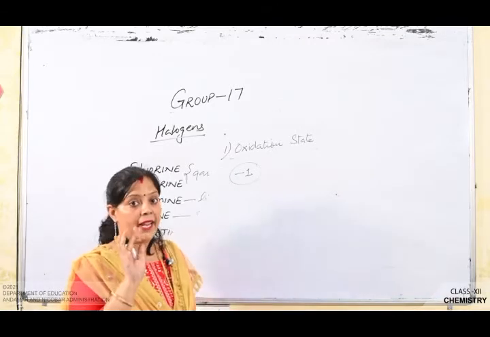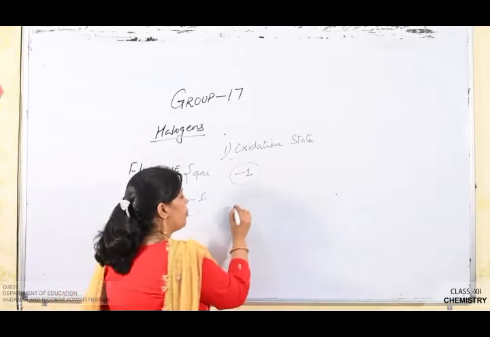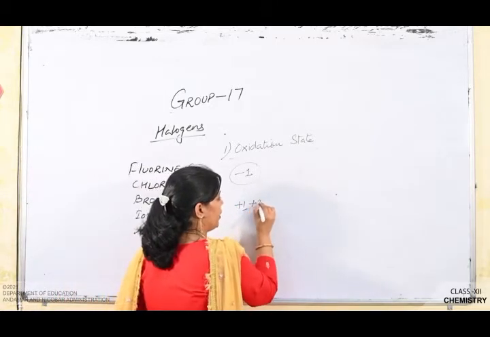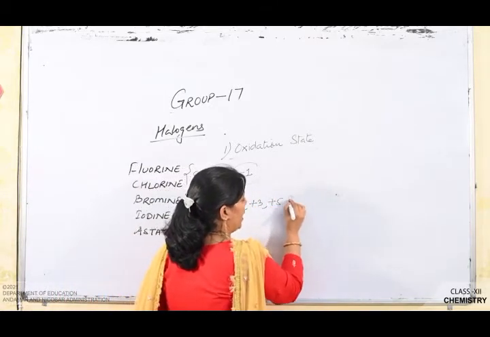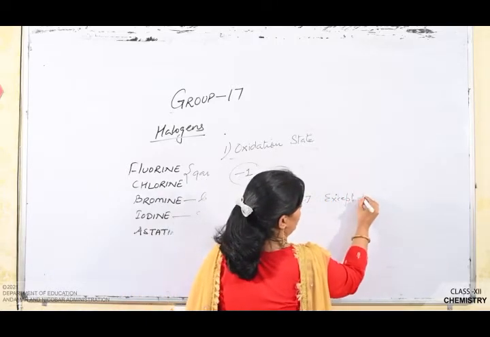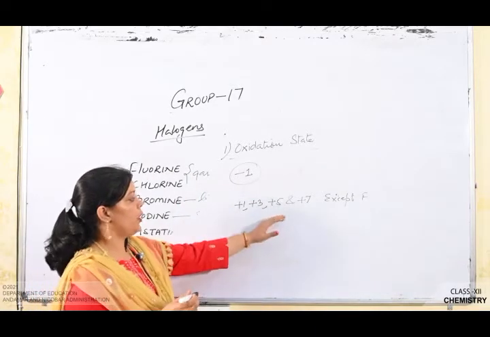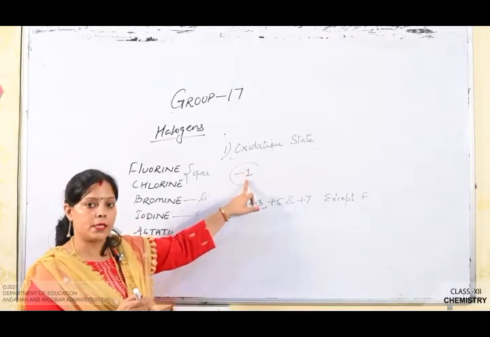Other halogens except fluorine show the oxidation states of +1, +3, +5 and +7, except fluorine, because fluorine is the most electronegative element, so it shows only the oxidation state of -1.